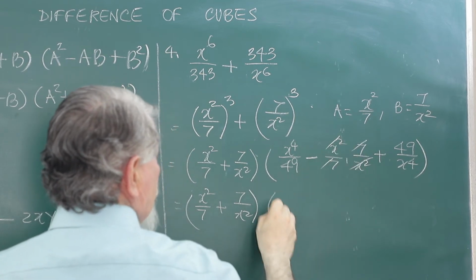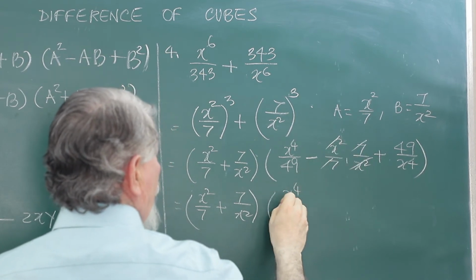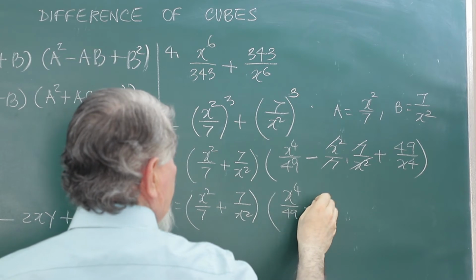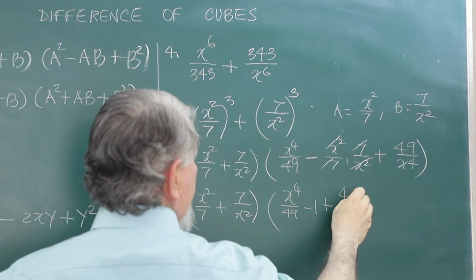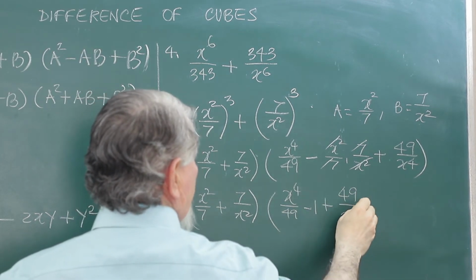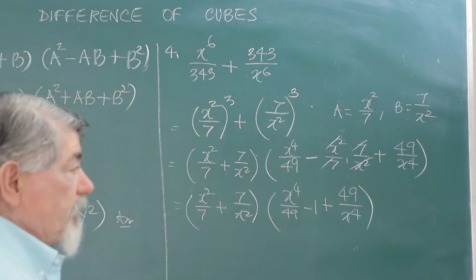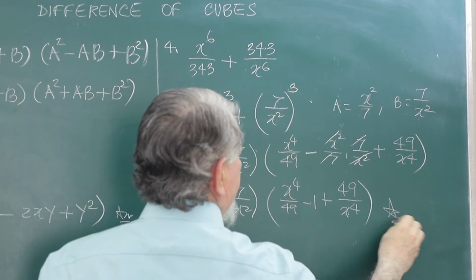You will get x to the power 4 upon 49 minus 1 plus 49 upon x to the power 4. So this is your answer for this factor.